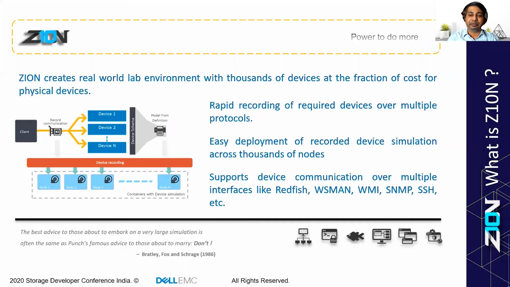You could record it, and then create thousands of clones of the same server, all in minutes. So what it allows you to do is record these devices, and then create as many simulated nodes as you'd want.